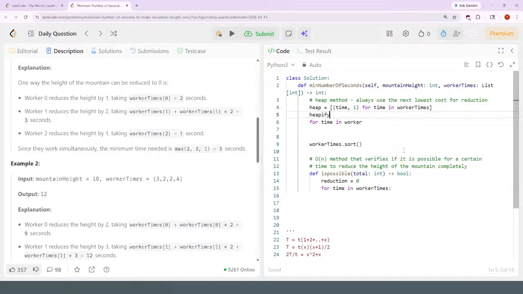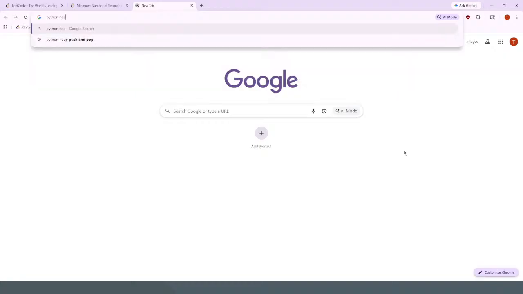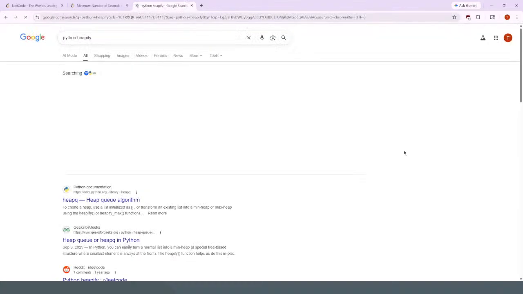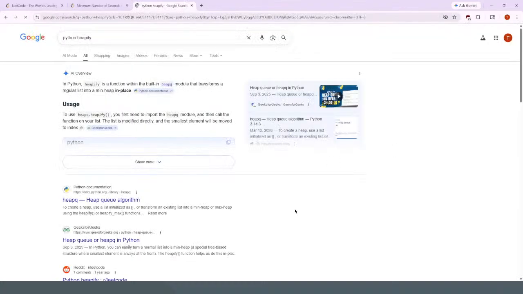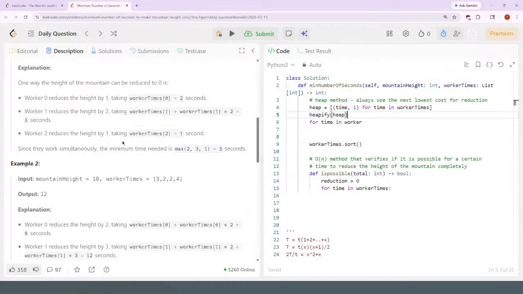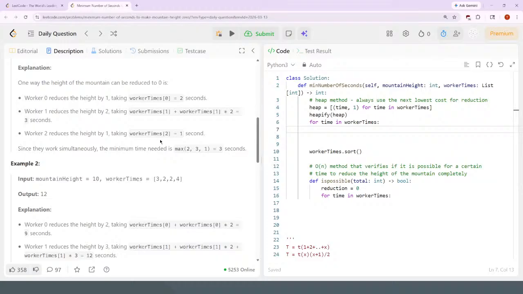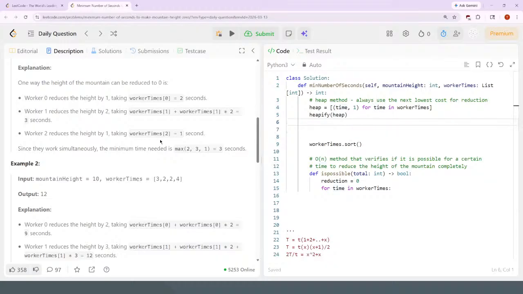And then heapq.heapify is the call. heapq is already imported. I think that's it really.